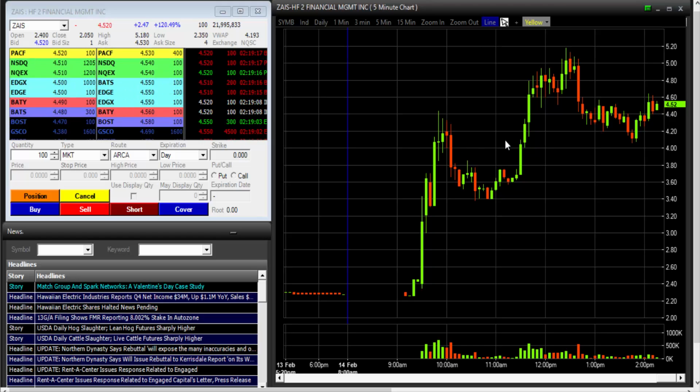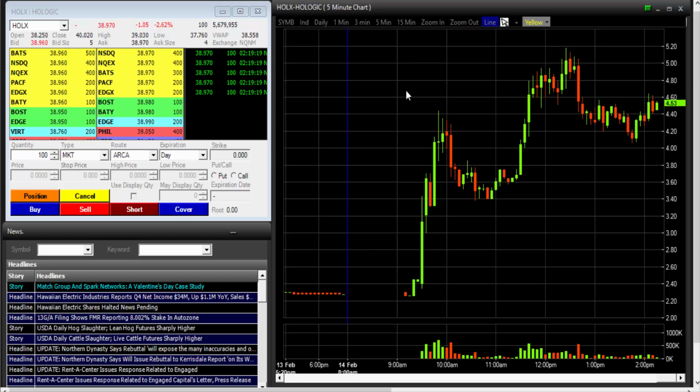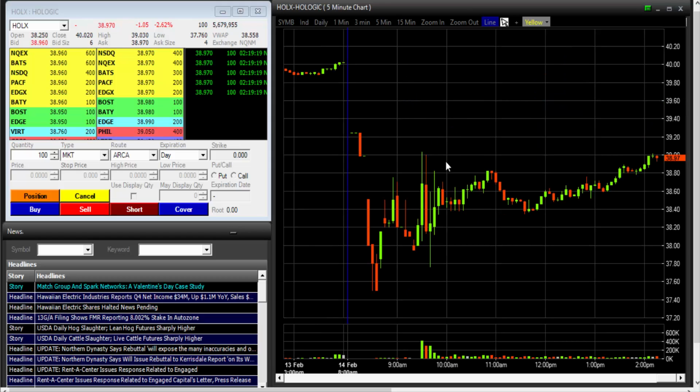And let's go for another one, for example HOLX. Look at this specific symbol. If we draw lines over here in this specific time frame, let's do it like that, this is what happened during the trade at the beginning.